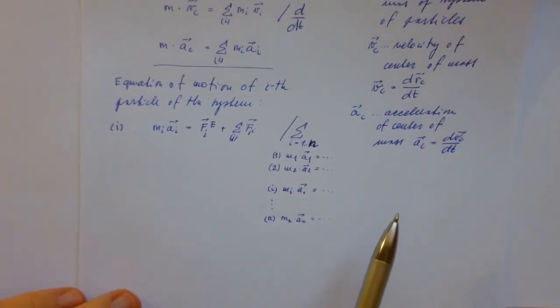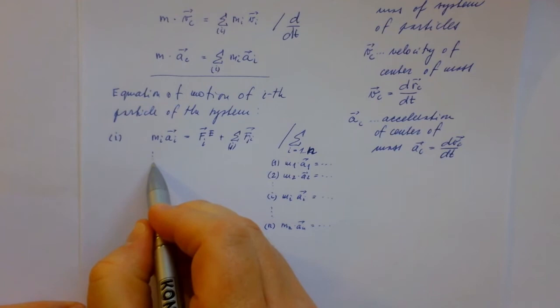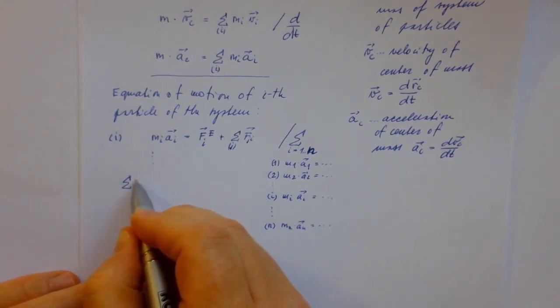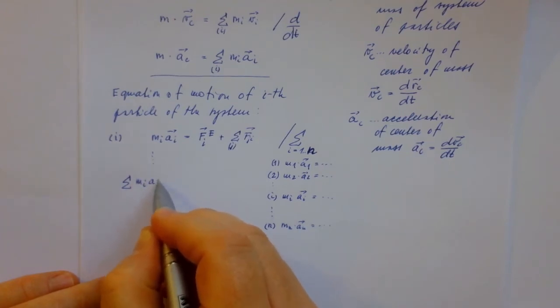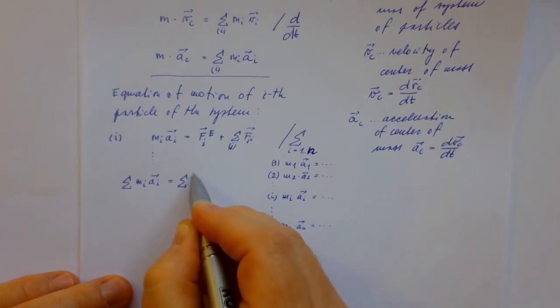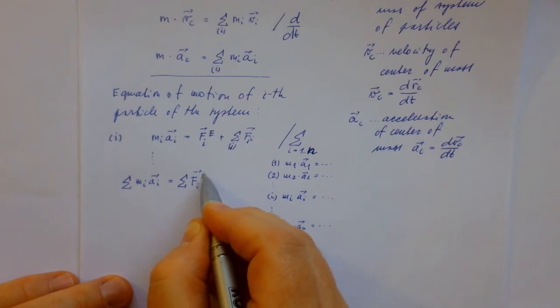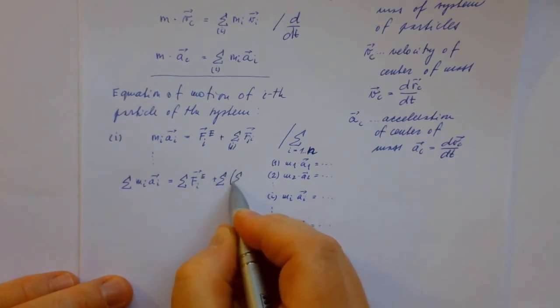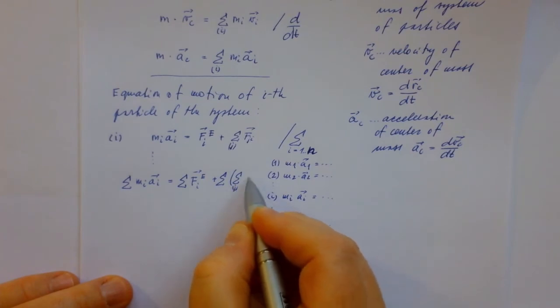So we get the sum of mi ai is equal to the sum of fi plus the sum of fji.